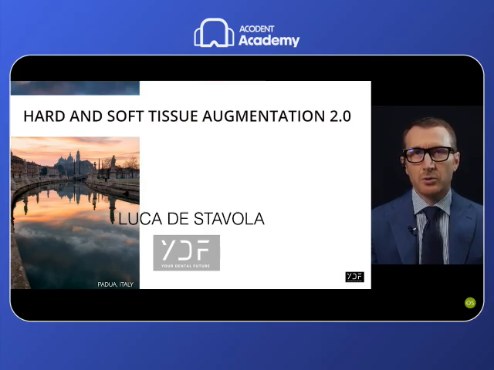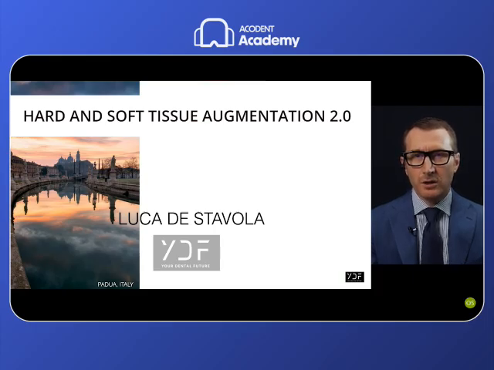We are going to talk about how the digital technologies can help us in managing bone harvesting, for example, and planning of the bone augmentation following the shell technique as proposed by Curie.